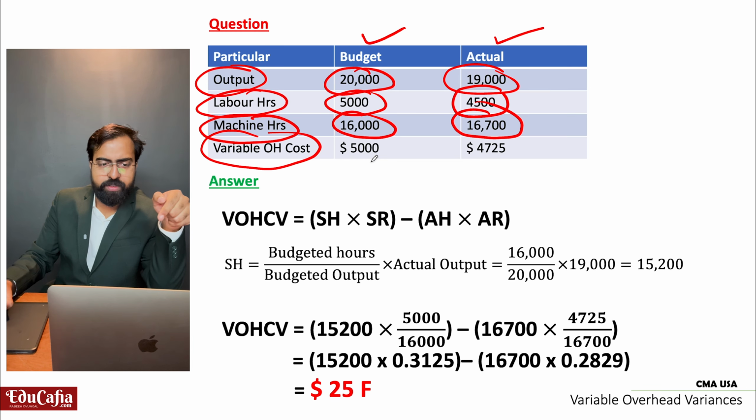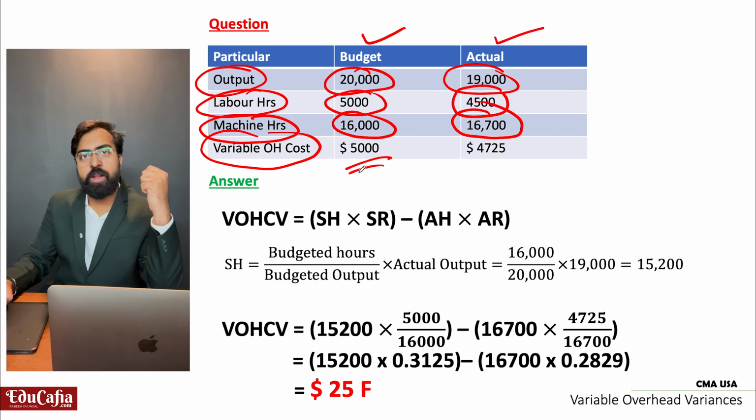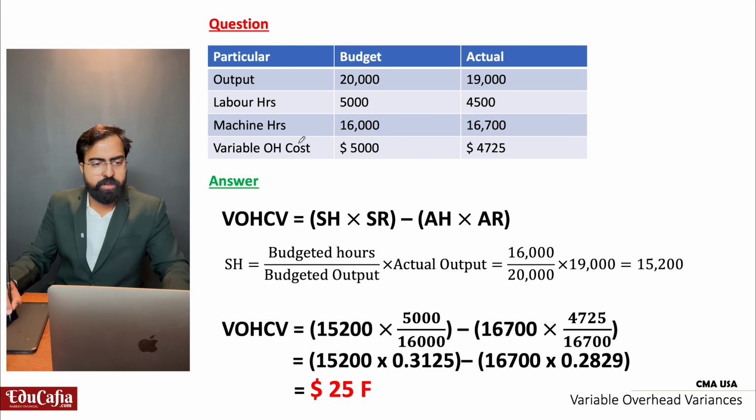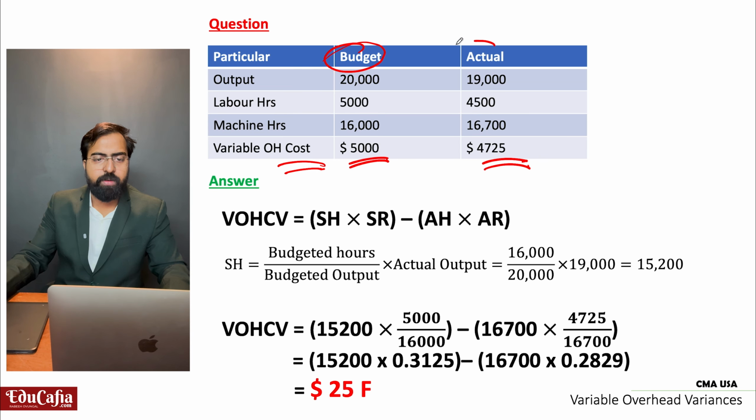Variable overhead cost is given as $5,000. Is it mentioned per unit? No, it is the total cost, $5,000 budgeted and 4,725 actual.